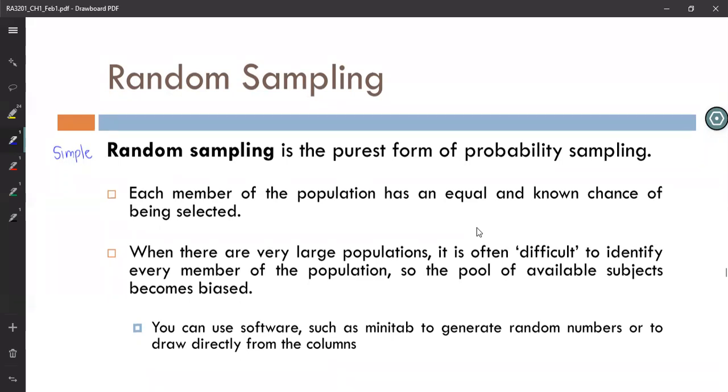That is what we call random. When you have a huge population, it is usually very difficult to identify each and every person, but you have to select some from here and there without any order or predefined pattern, so everybody has the same chance of being selected.